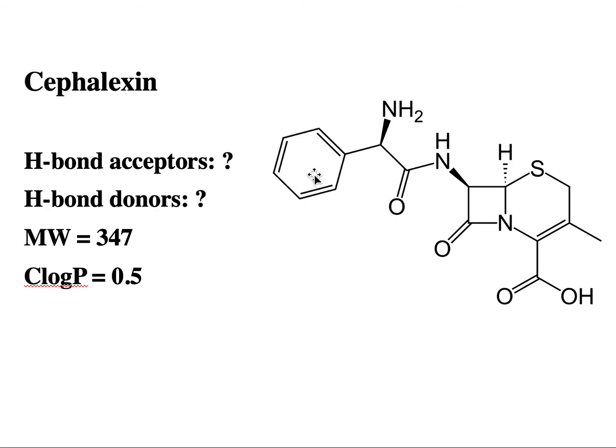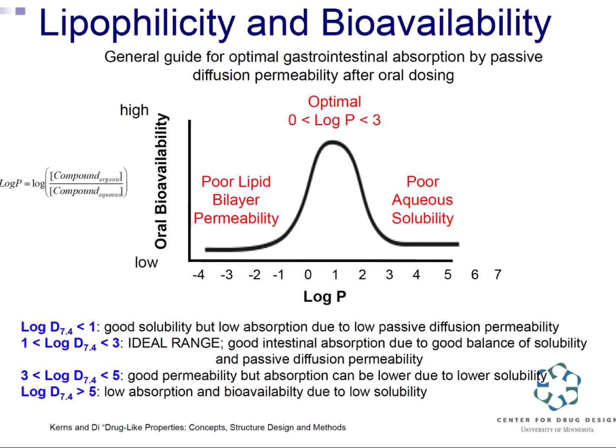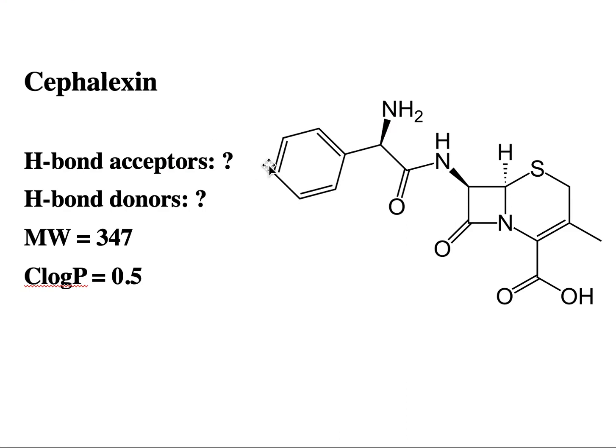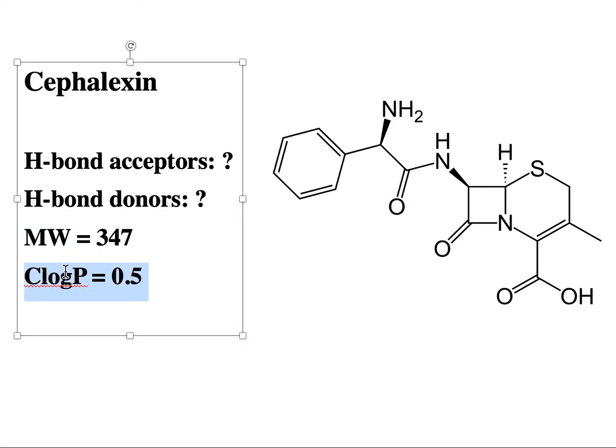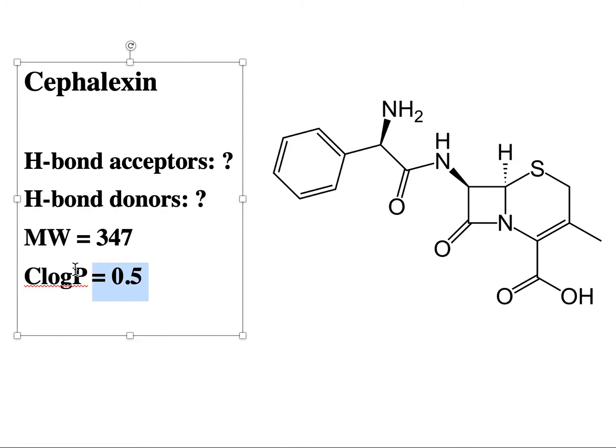Cephalexin's C log P is where we want it. Cephalexin is a penicillin-type antibiotic, specifically a cephalosporin antibiotic. I think it's third generation. Basically this is something you can get at the pharmacy.